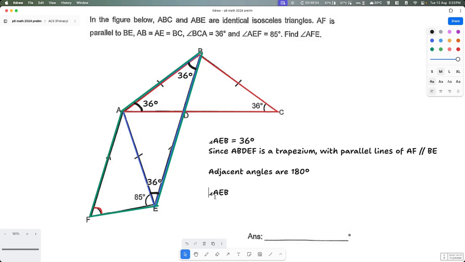So 180 degrees is equal to angle AFE plus angle FED.